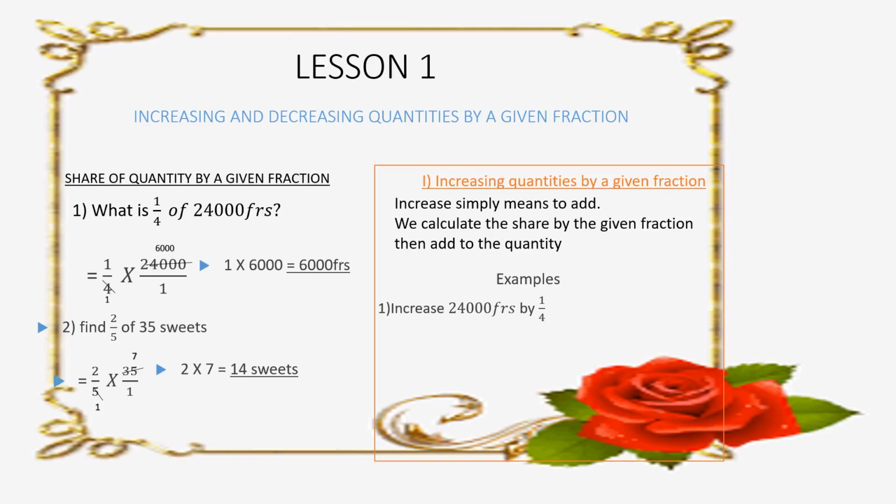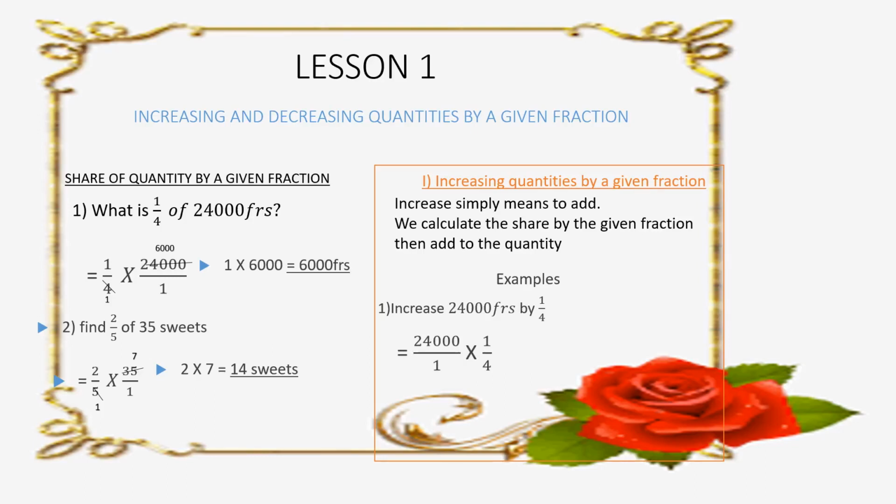Here we are to increase 24,000 francs by 1/4, and the rule says that we look for the share of the fraction and then we add to the quantity. So we are simply going to take 1/4 of 24,000 francs, which equals 1/4 times 24,000.